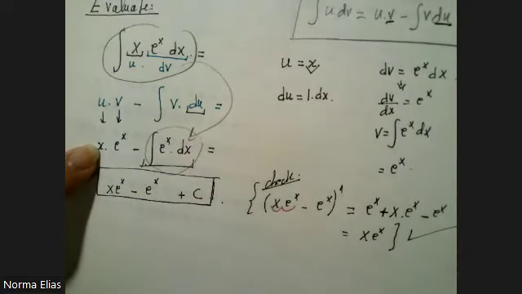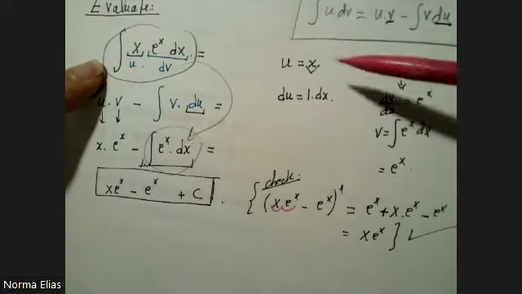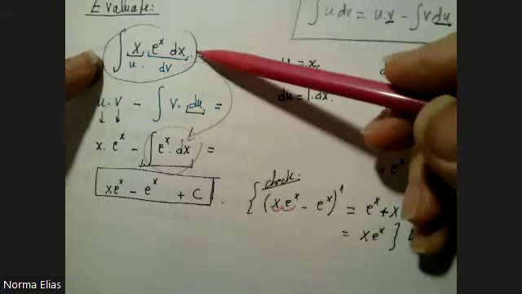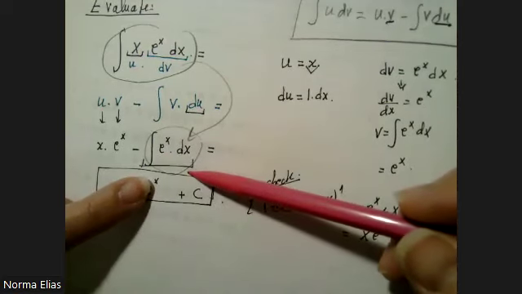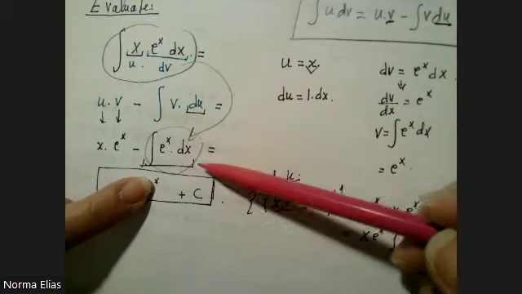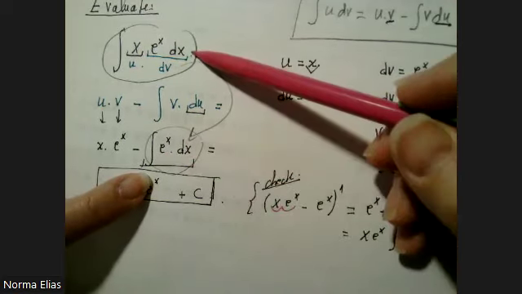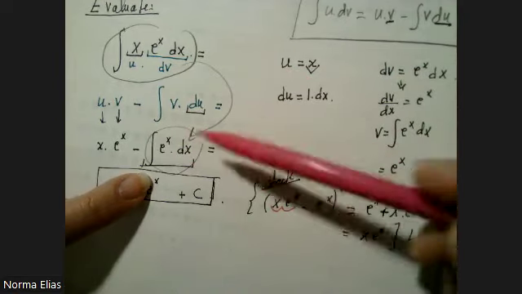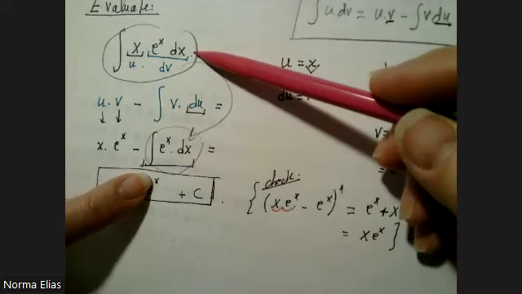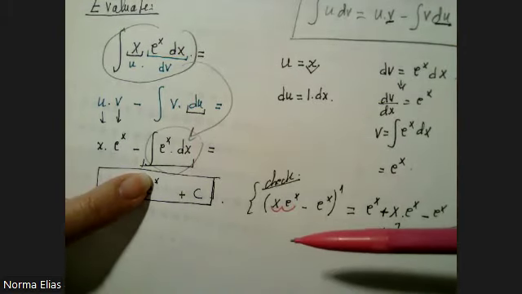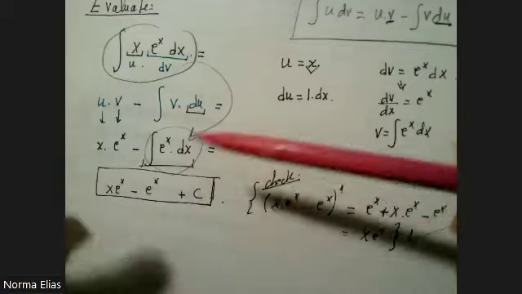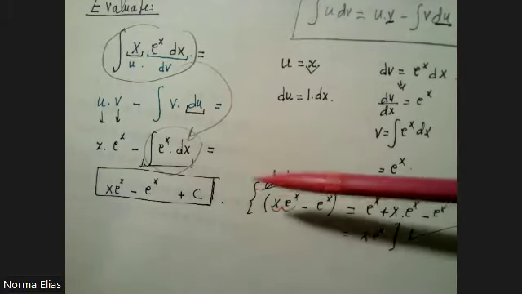This is never a constant. So when we are choosing our u and dv, we should always, most of the time, make sure that the integral we are transforming to is easier than the original integral. If you end up with something harder than the starting point, it means your choice of u and dv is wrong. That helps us decide what's happening.